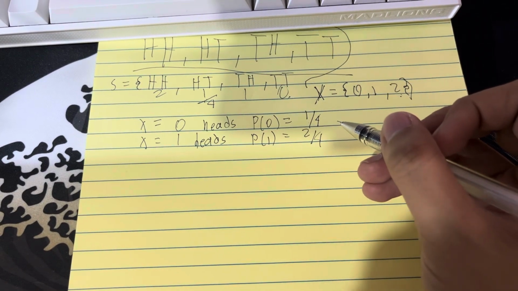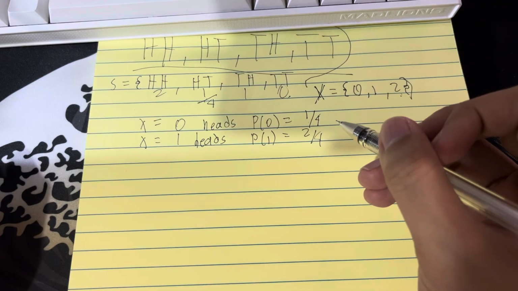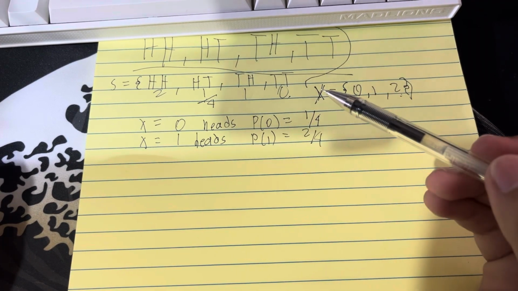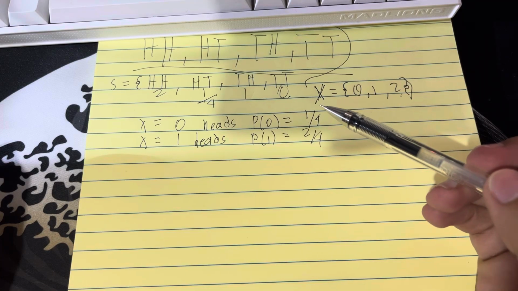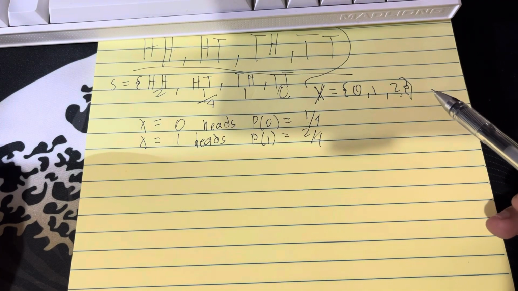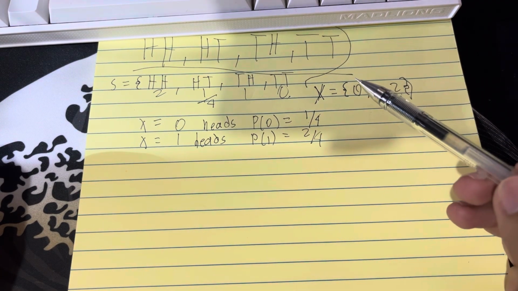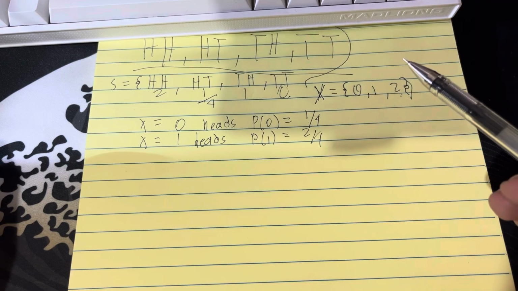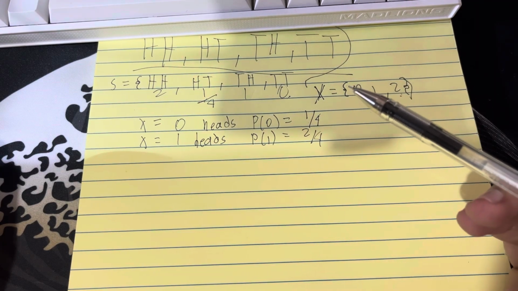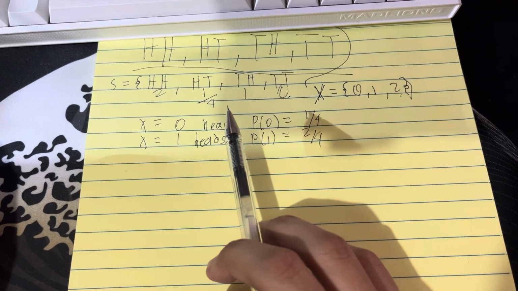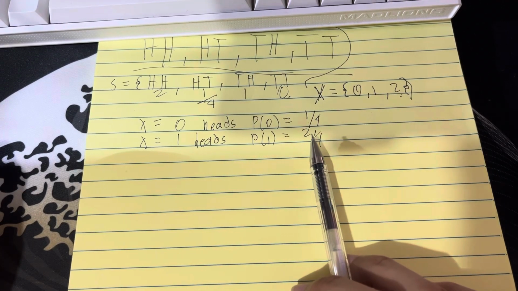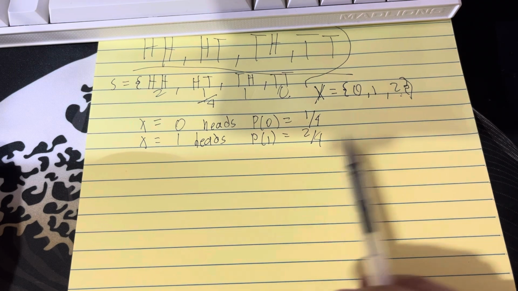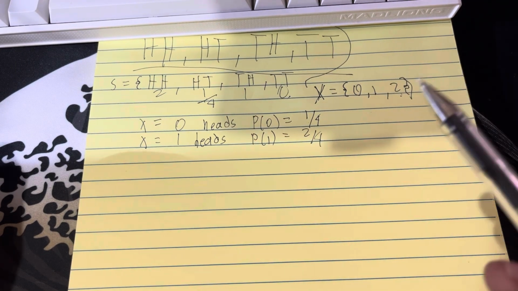What we're looking for is your favorable outcomes over all possible outcomes. In this case, our favorable outcome is getting 1 head, and we get 1 head from 2 outcomes. Hence it's 2/4, because 4 is all of our possible outcomes.